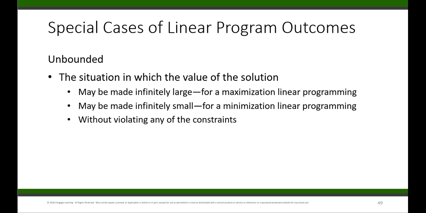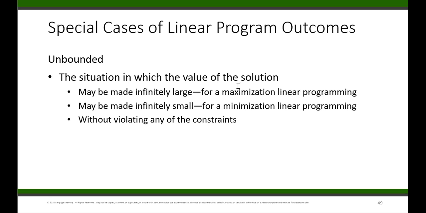This is a case where there is no finite solution. I mean, usually when we're solving a problem, we're looking for a reasonable, finite answer for our decision variables. But what happens in the case of an unbounded solution is that you get an infinitely large value for at least one of your decision variables.